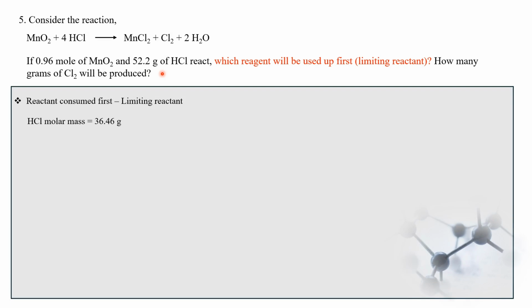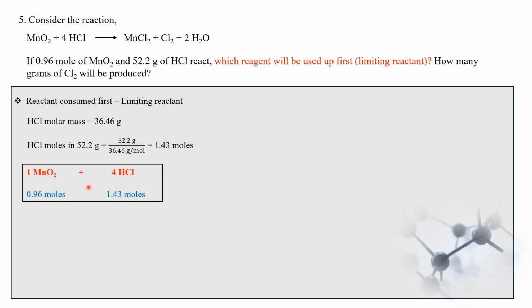It is 36.46 grams per mole. So grams divided by molar mass converts into moles. Now 1.43 moles of HCl available. You have MnO2 and HCl in moles now: 0.96 moles MnO2 and 1.43 moles HCl. Let's think about which one is the limiting reactant.